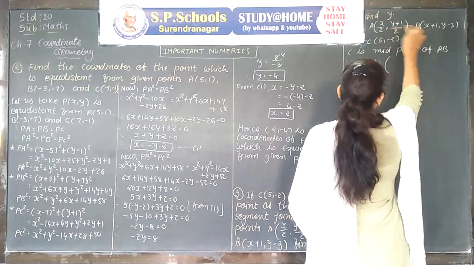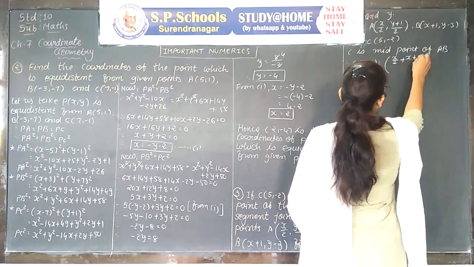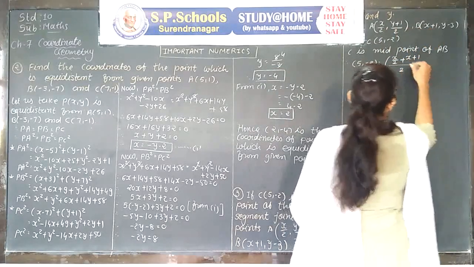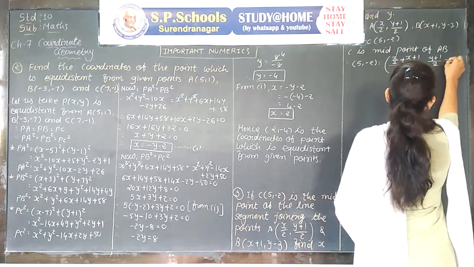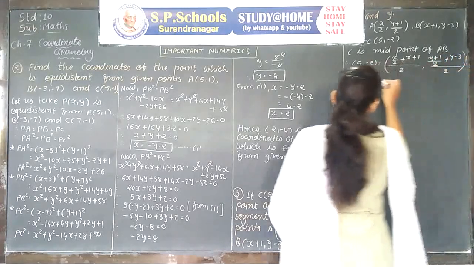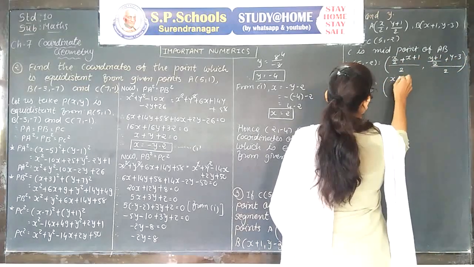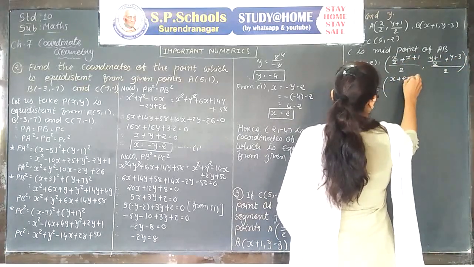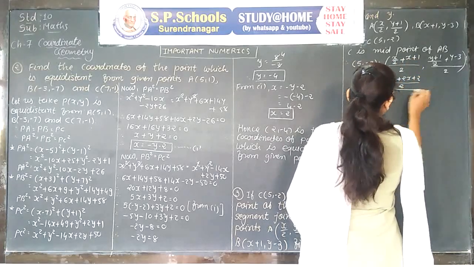Addition of x coordinates divided by 2, comma, addition of y coordinates divided by 2, is equal to, taking LCM in the numerator, x plus 2x plus 2 upon 2 and upon 2.